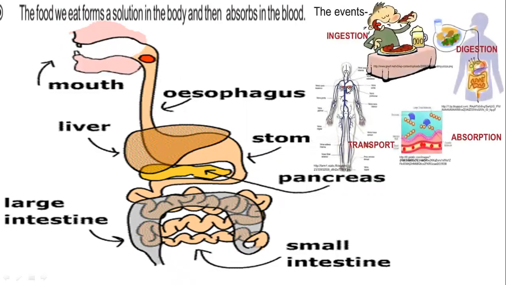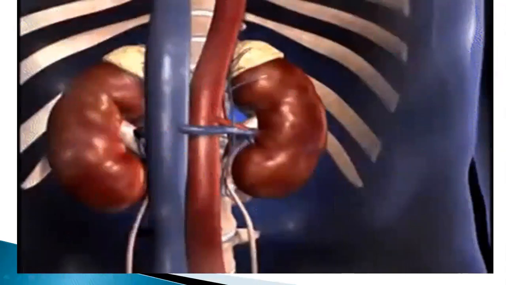In this diagram, the food that we ingest is digested in the stomach, and then absorption occurs, because it is dissolved in water which is present in our body, and we drink water as well. So it is dissolved in the water and then absorbed through the small intestine into the blood, and then it is transported to the whole body.